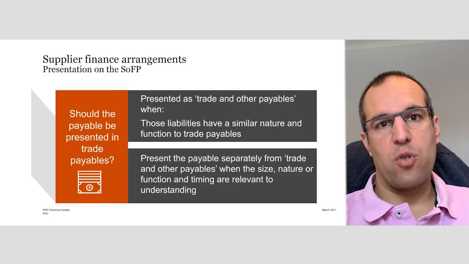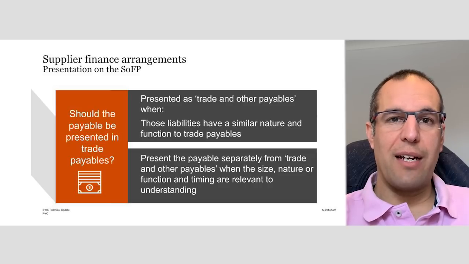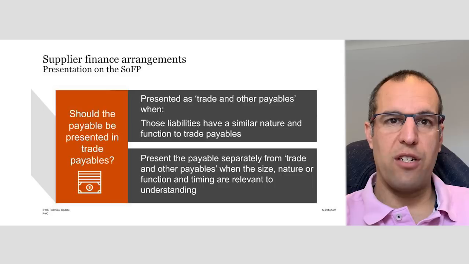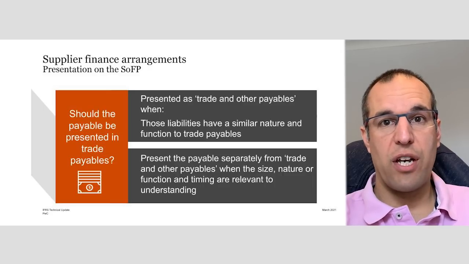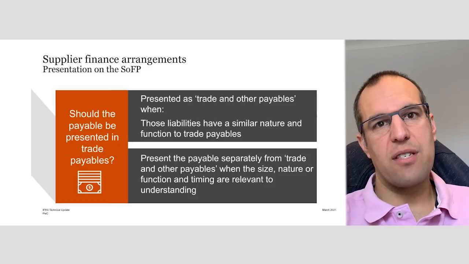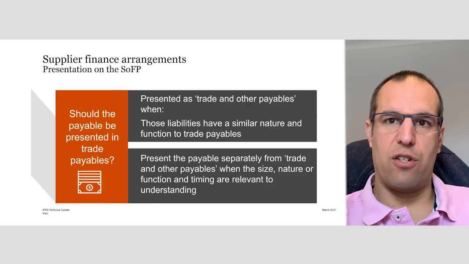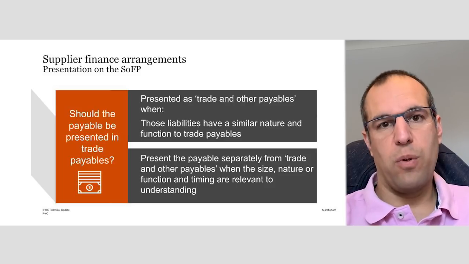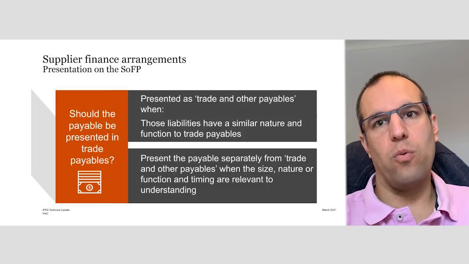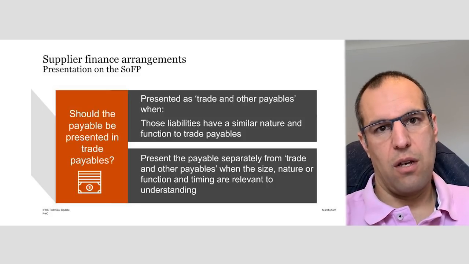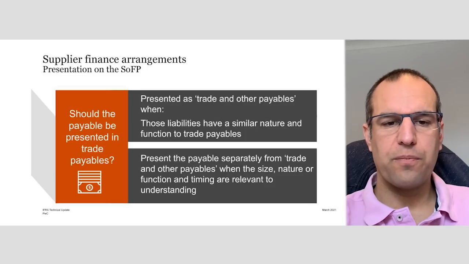And in applying IAS 1, the committee noted that an entity presents liabilities that are part of a reverse factoring arrangement as part of trade and other payables only when those liabilities have a similar nature and function to trade payables. For example, when those liabilities are part of the working capital used in an entity's normal operating cycle.